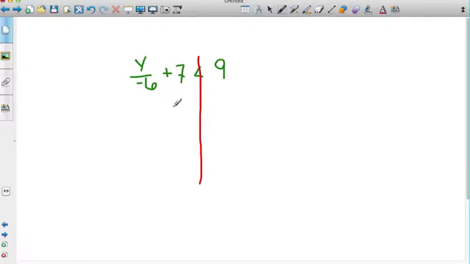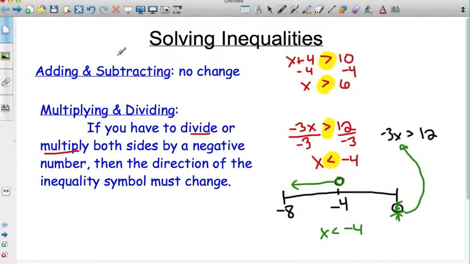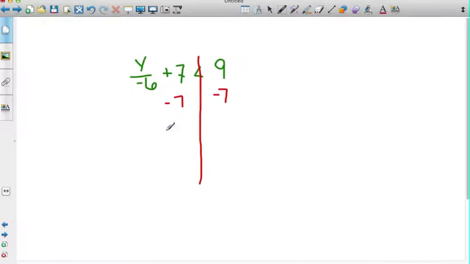I'm going to solve it using the rules, and you can decide whether or not you like it, or you can just solve for y and then substitute in using that graphing. Okay, so like we would normally do, I'm going to subtract 7 from both sides. If we remember from our previous page 5 seconds ago, when you are adding or subtracting, there's no change to the symbol.